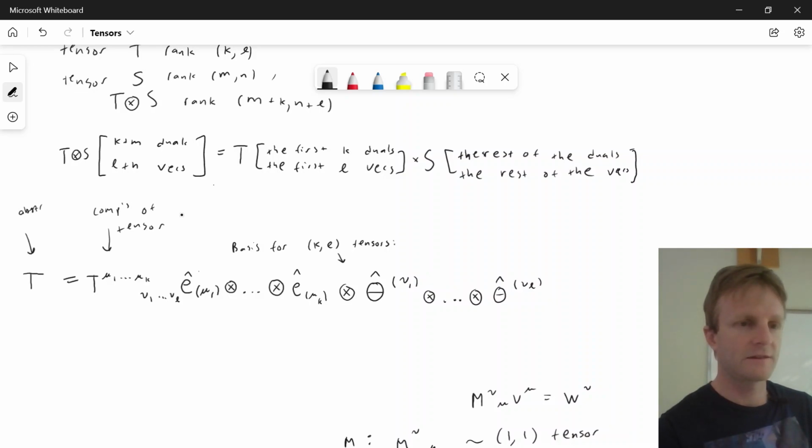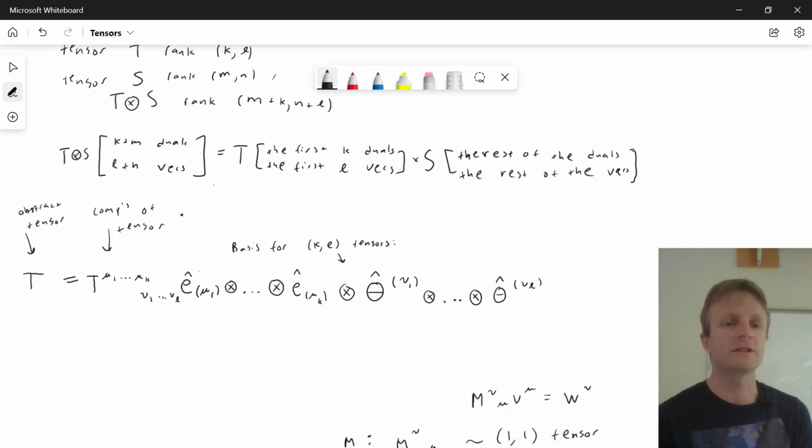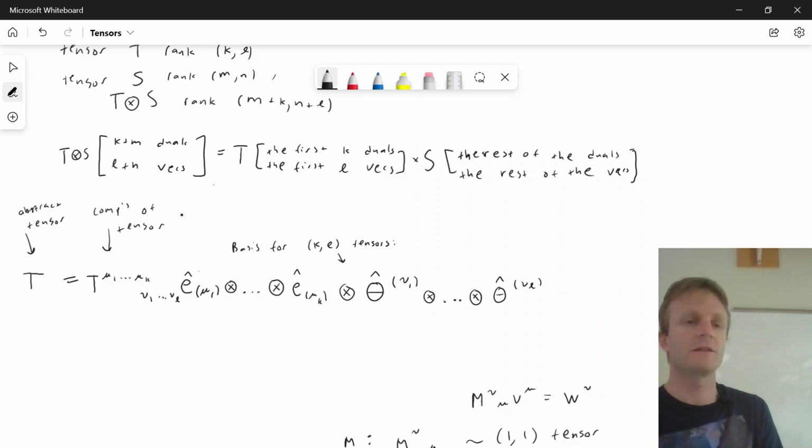So we've had this equation now for vectors and one forms, and those equations are special cases of this general thing: you pick one basis E hat mu for your tangent space, for your vectors, and then you get a basis for every tensor you could write down by this construction.